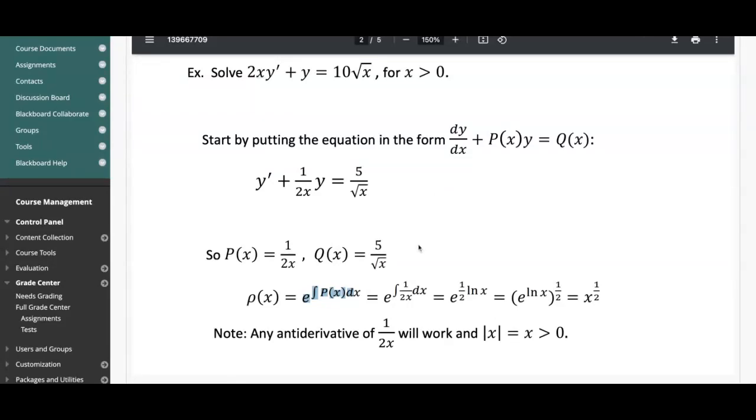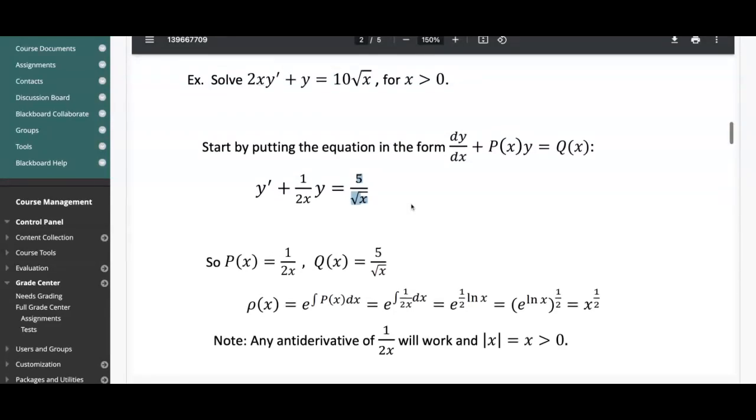For the first step, you just divide everything by 2x, right? Yeah, because look at this form. This form has y prime plus this. It doesn't matter which side, you just have to have y prime by itself. When you divide by 2x, what happens to 10 square root of x? Well, 10 square root of x becomes 5 over square root of x, right?